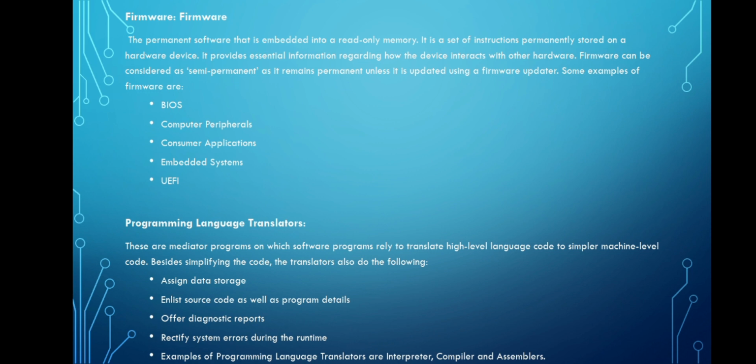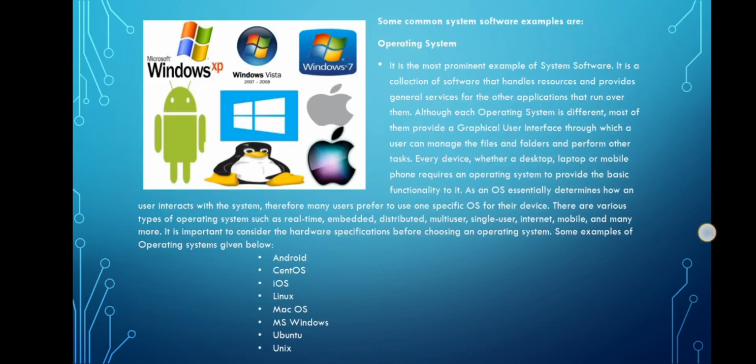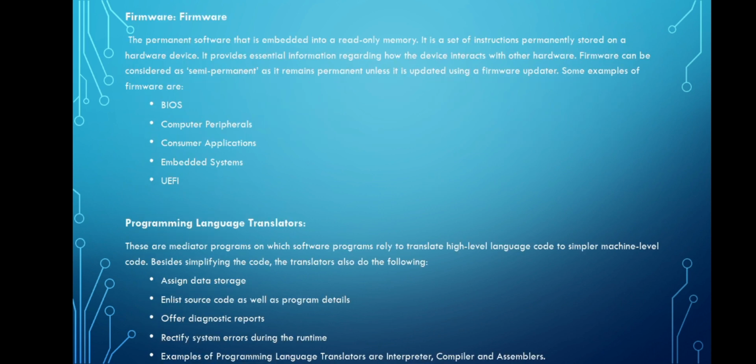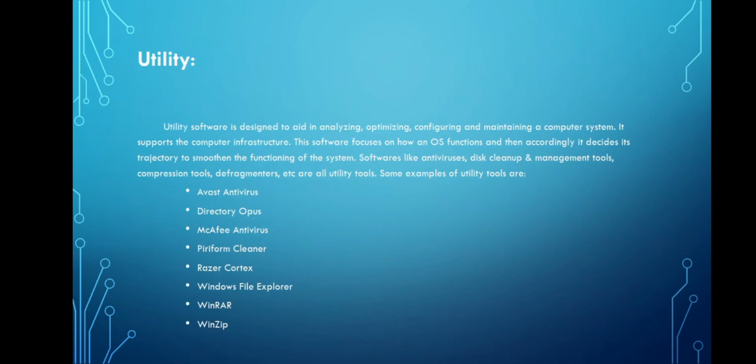Besides simplifying the code, the translator will also do the following: assign data storage, reduce source code as well as program details, offer diagnostic reports, and rectify system errors during the runtime. Examples of programming language translators are interpreter, compiler, and assembler.